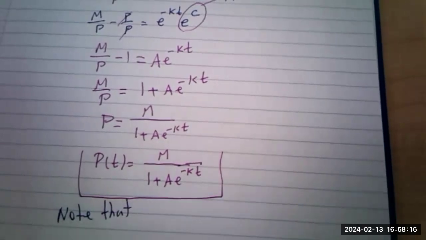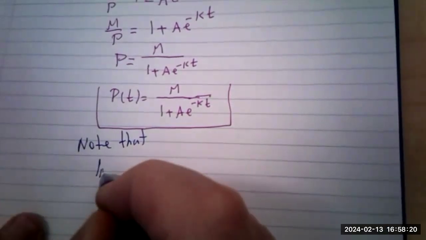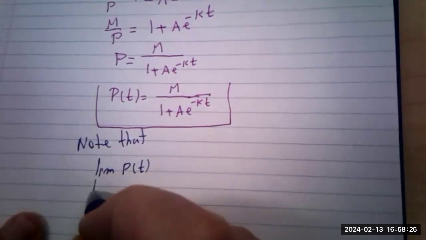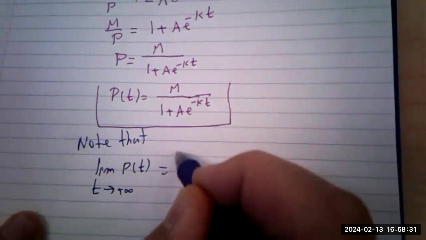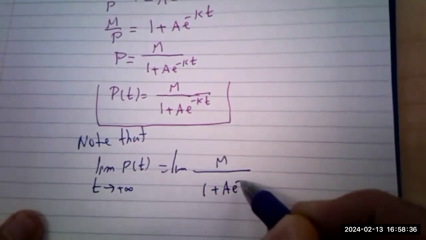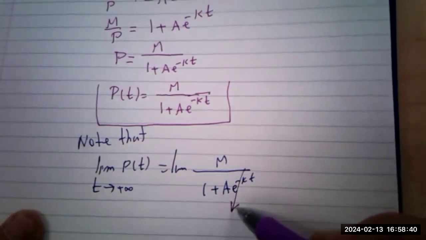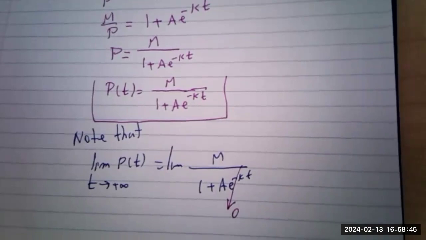Note that if you find the limit of P of t as t goes to positive infinity, this is going to be the limit of M over 1 plus A e to the negative kt. And this part goes to 0 now, because the power is negative infinity, okay?